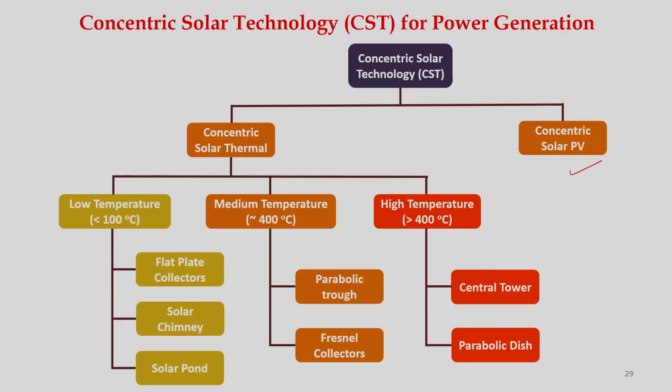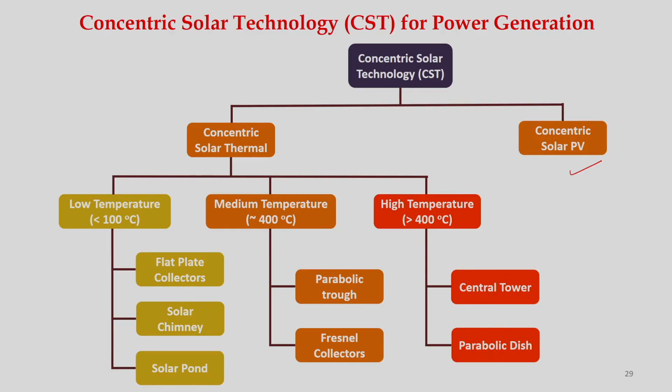As far as low temperature applications are concerned, we will go for flat plate collectors, solar chimney, then solar pond. Okay. For medium or moderate temperature applications up to 400 degrees C, we will go for parabolic trough and Fresnel collectors. Okay.